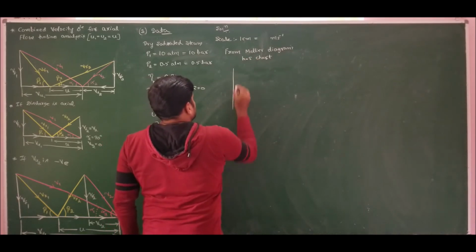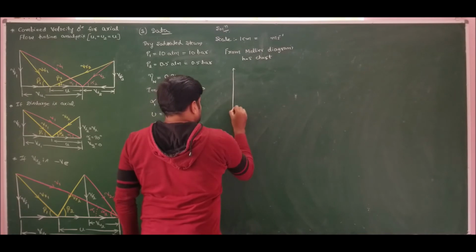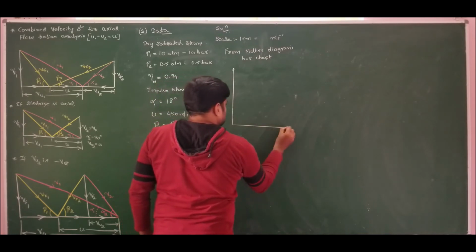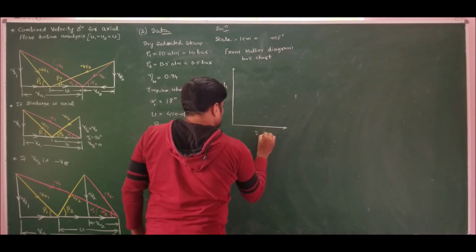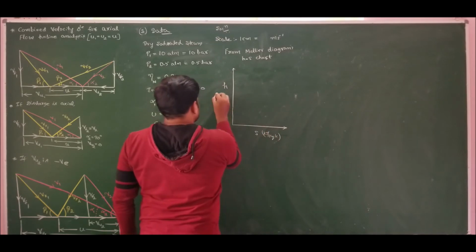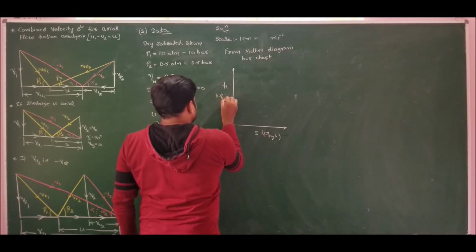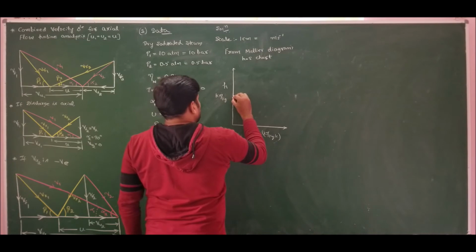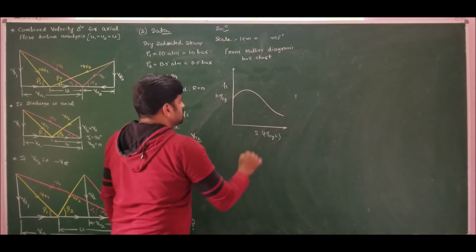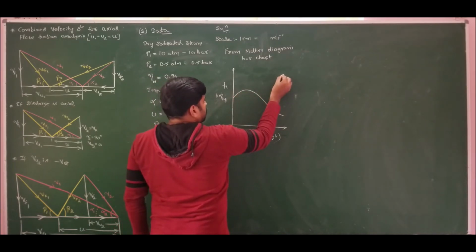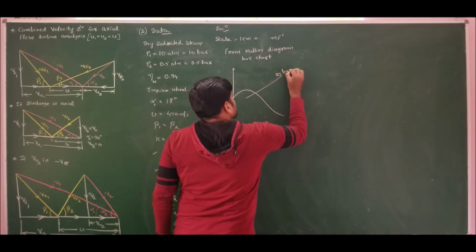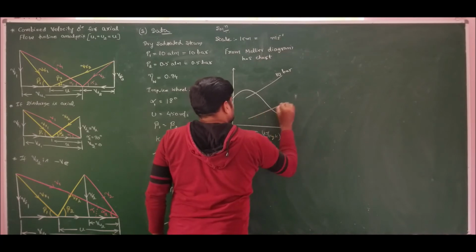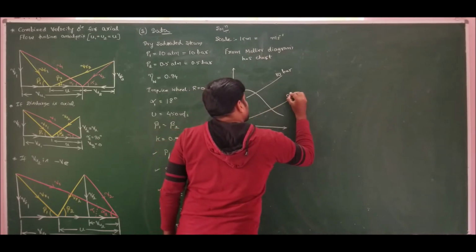We had enthalpy versus entropy, here we add kilojoules per kg, and we add a saturation line like this. So we have a pressure line which is at 10 bar, and we add a pressure line which is at 0.5 bar.